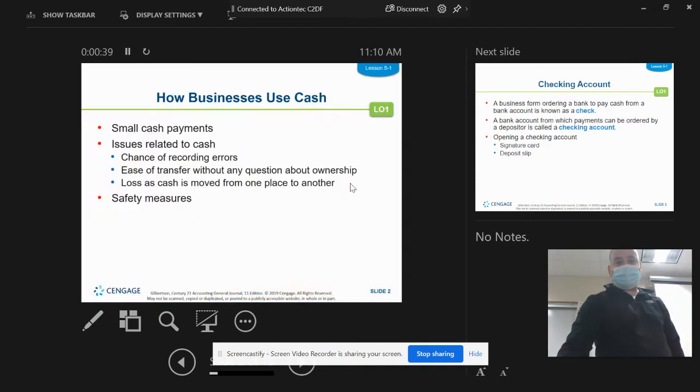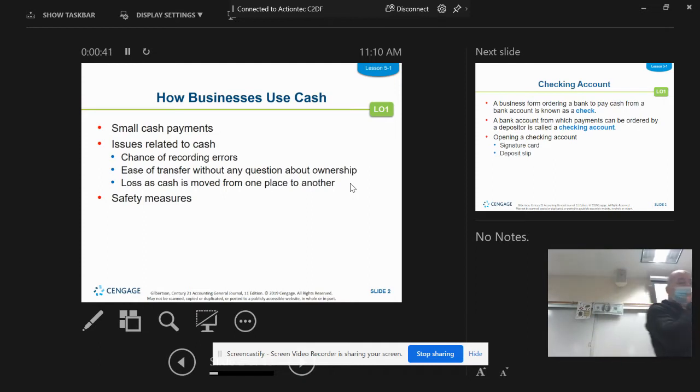All right, so typically when we talk about how businesses use cash, it's a little bit misleading. But when I'm talking about cash in this particular sense, how often do you think a business person pulls out their wallet and gives cash to a vendor? Doesn't happen too often.